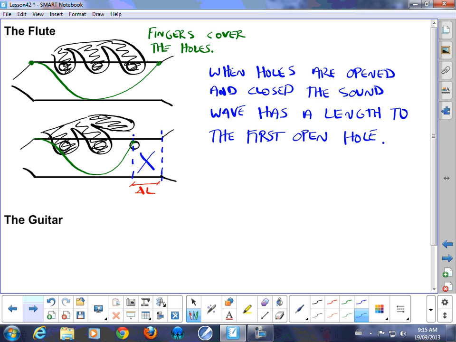All right, that's how your flute and whatever other instruments fall into that category.